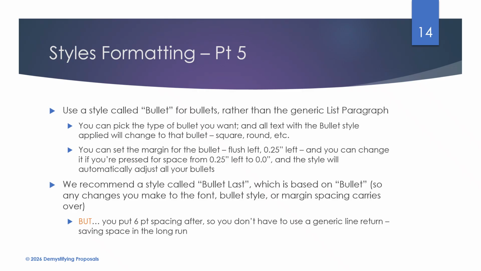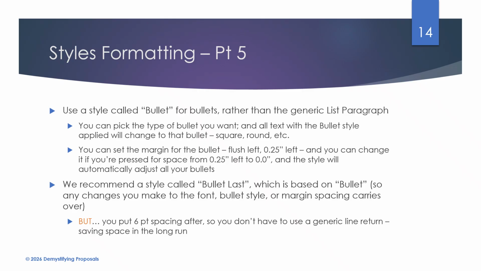Again, use a style called bullet rather than the generic list paragraph. Again, you apply the style for bullets to all of your bullets rather than whatever your authors did, to make everything consistent, to make all of your bullets square or all of your bullets round, or whatever you have picked for your template. The same applies for the margin, right? So most of the time we start with a 0.25 left margin so that your bullet is a quarter of an inch from the left-hand margin.